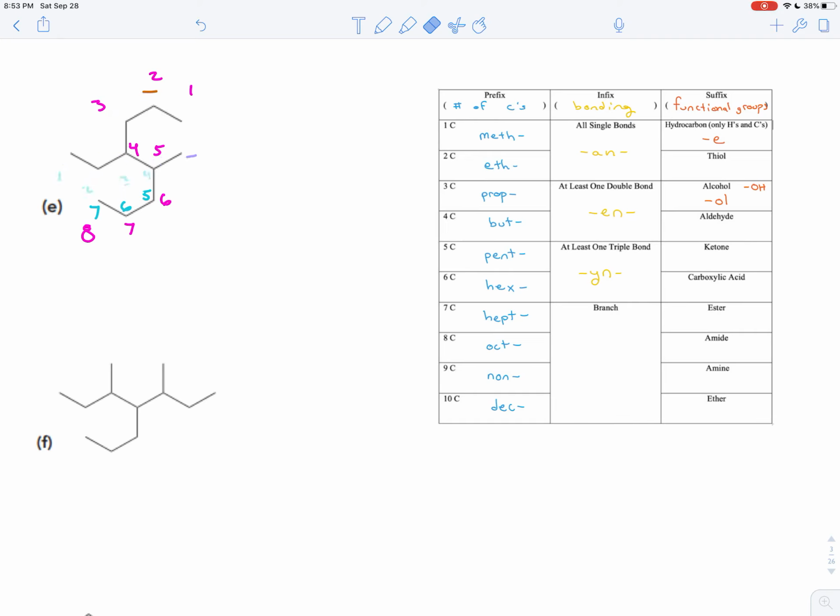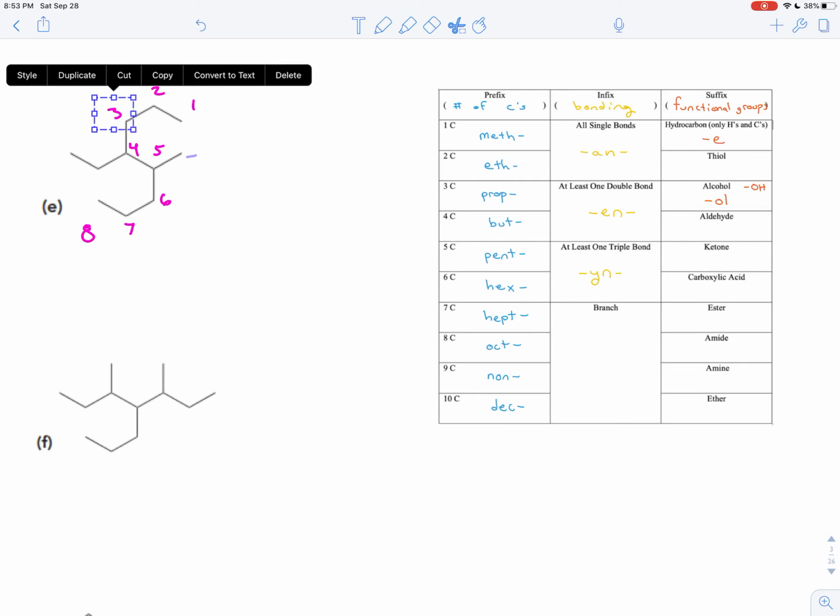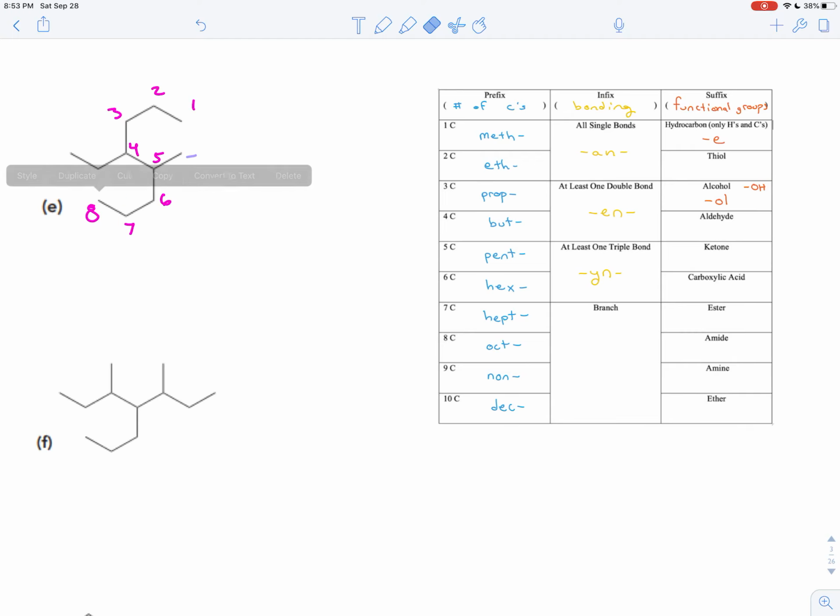The blue one, which only went to 7. And we're left with this pink arrangement, which goes to 8. Okay, so that's our parent chain or our backbone.